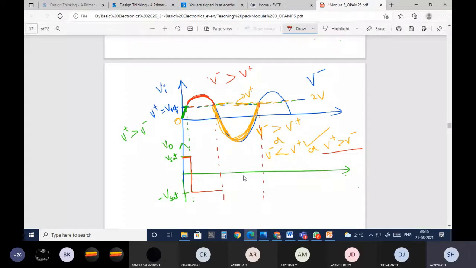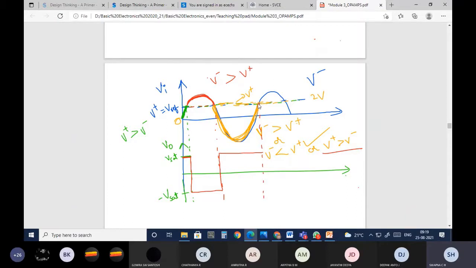Plus Vsat. Plus Vsat. Okay. Again, in the same way, for this portion it will be minus Vsat, and again for this portion it will be plus Vsat. This is how it goes.